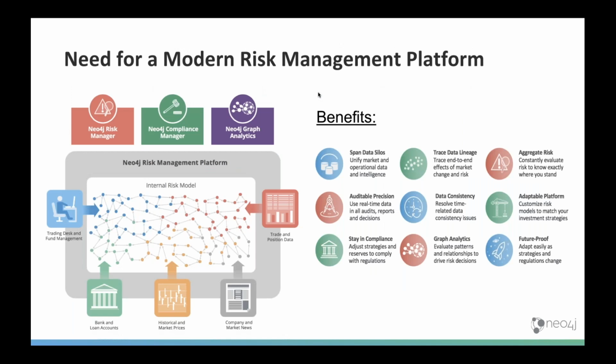And so these internal risk models, as you can see, underlying this, the data comes from a lot of different silos, like obviously trading desk, baskets, and fund management systems, trade and position data systems, your core banking systems.